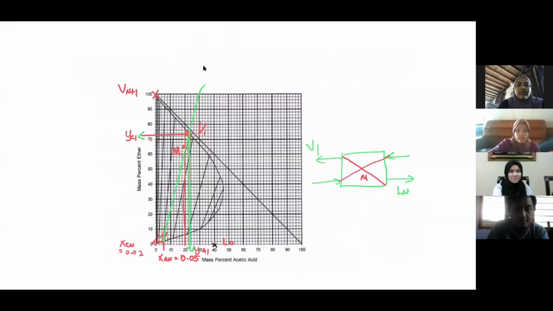That's why this is basic knowledge, basic skills that you need to have before you can proceed with the number of stages. Even though the question asks you to find the number of stages, you still need to do this particular method in order to solve it. But the number of stages is the last part of the questions, the skills that you need to have. Okay? All right. Thank you very much.